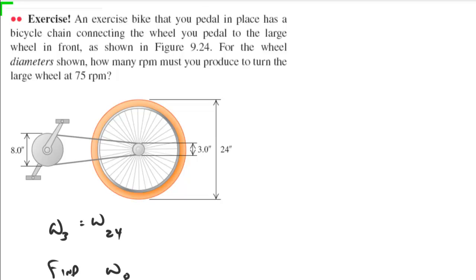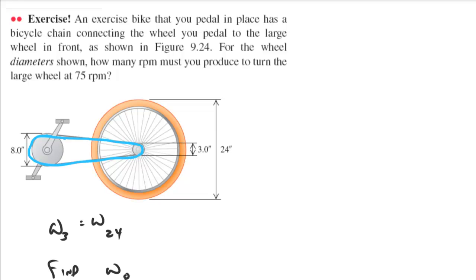And so we have this chain right here, and the thing that is the same throughout this chain, regardless of where it is, is its speed. Not its rotational speed, obviously, but its linear speed.